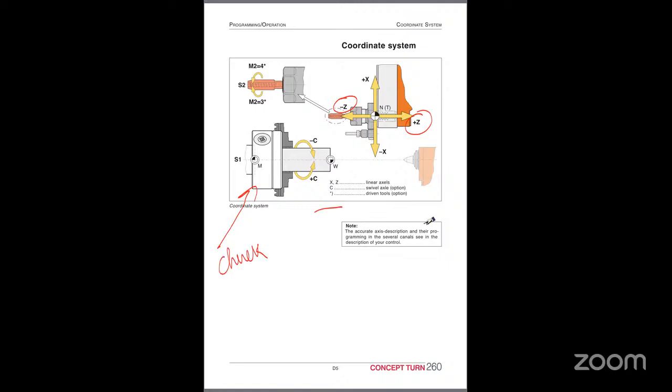So toward the chuck means minus z, and this is the tailstock, right? So toward the tailstock, that is plus z. And we have one more axis that is optional, the c-axis. This is the workpiece rotation position control. But this is optional, for milling, drilling, live tool operation, etc.